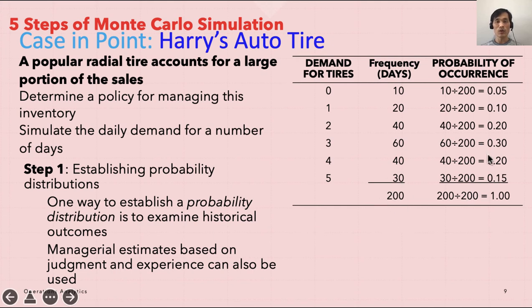Then we have this probability of occurrence. Again, these are from historic data, and we assume that the past data would hold true in the future. But if you think of a calamity like COVID-19 suddenly striking, then this assumption is groundless.